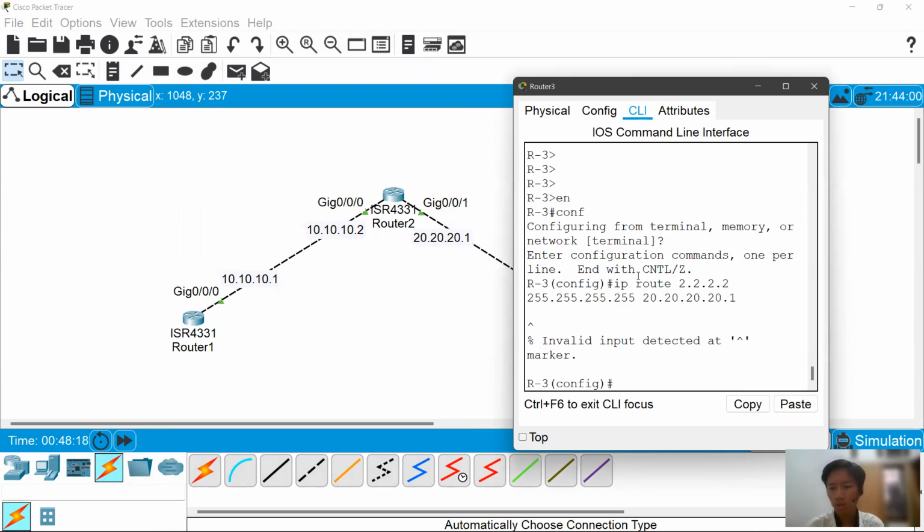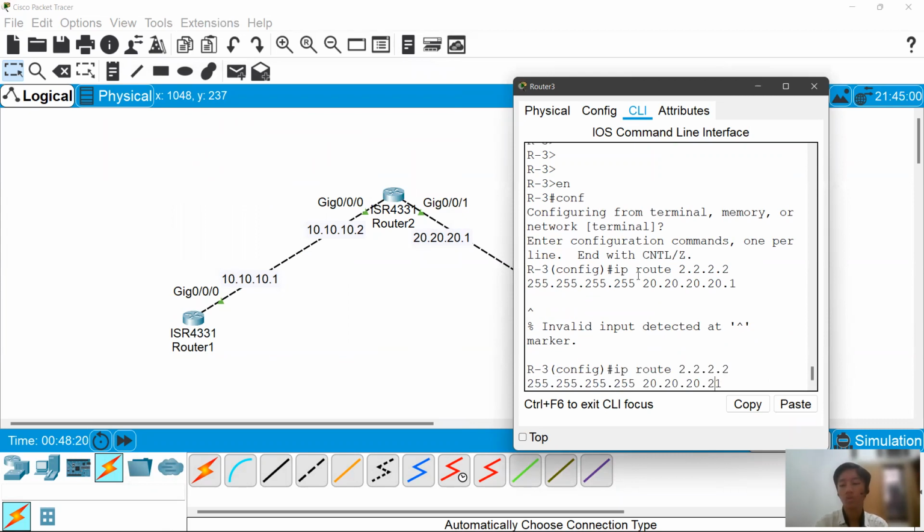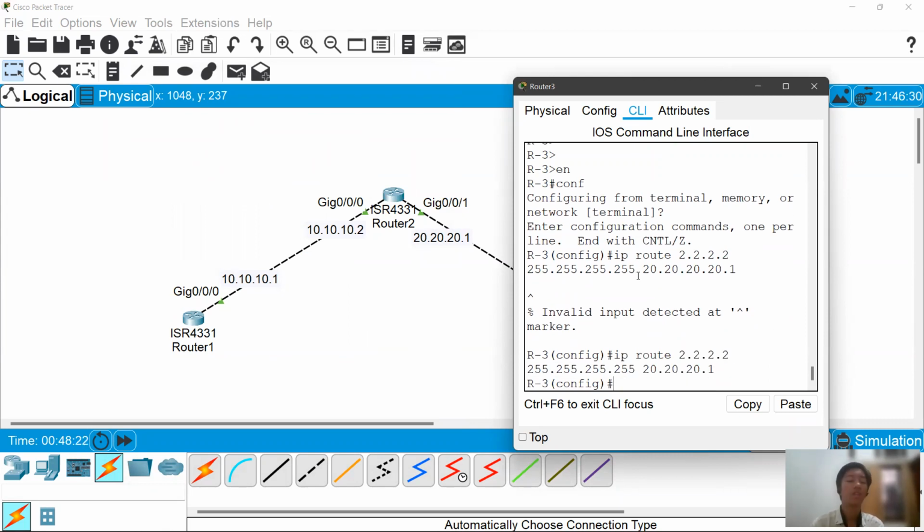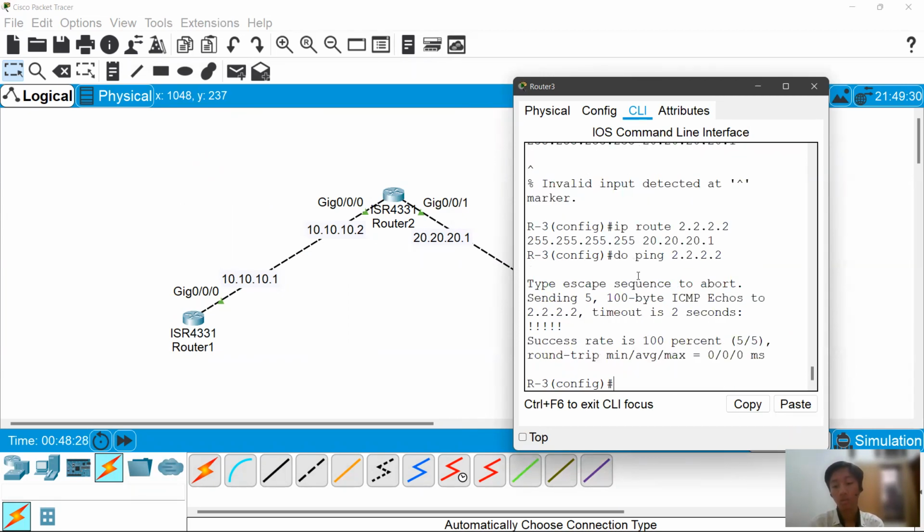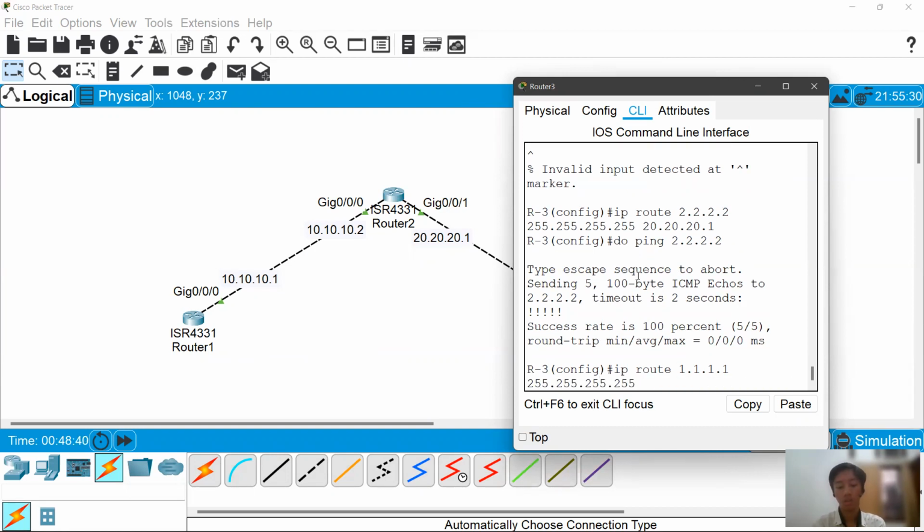Okay, sorry, it's too much. Then we check. Okay. Put the loopback in router 1, subnet mask and the gateway.